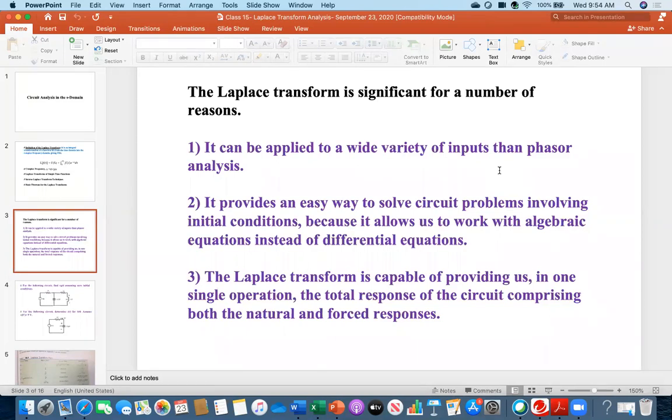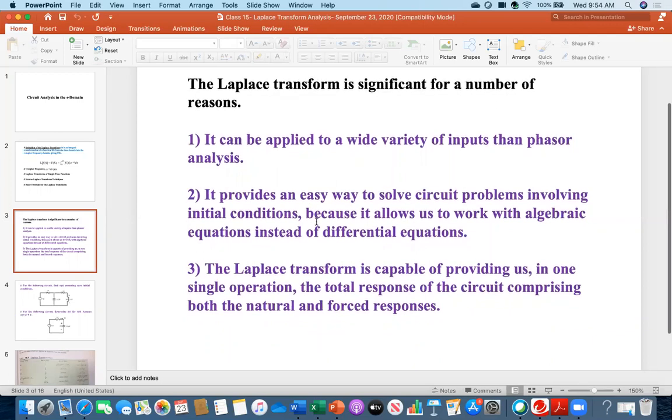If it is a DC signal, a non-sinusoidal waveform, then you cannot express it in phasor. That's why we have to take the help of a different technique, the Laplace transform technique. So this is the difference between the phasor domain and the Laplace transform domain.